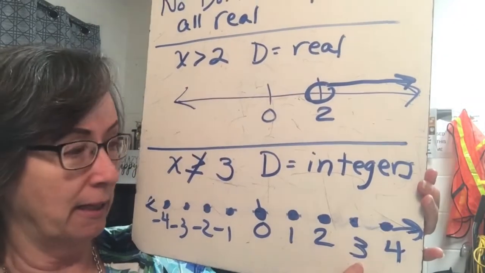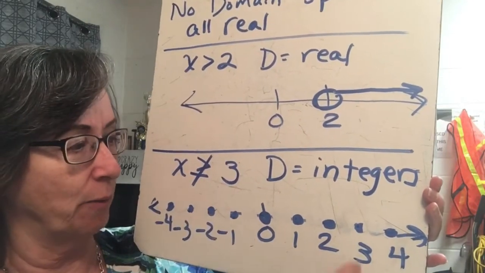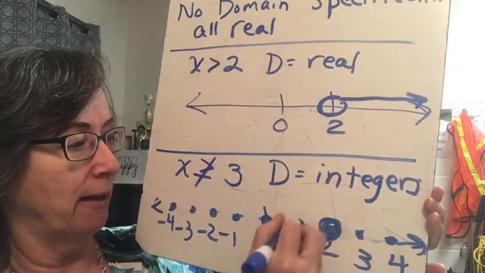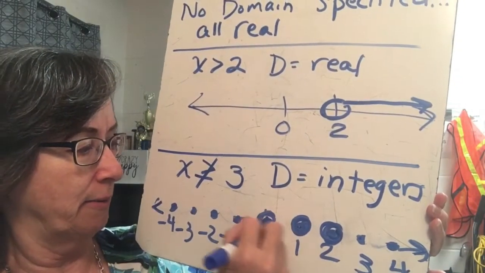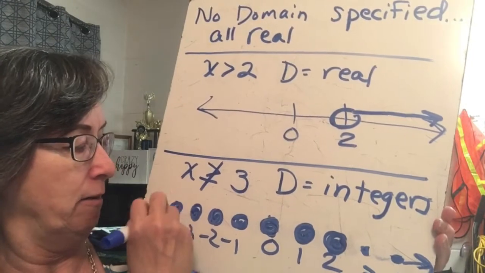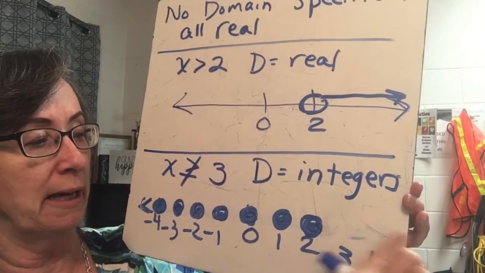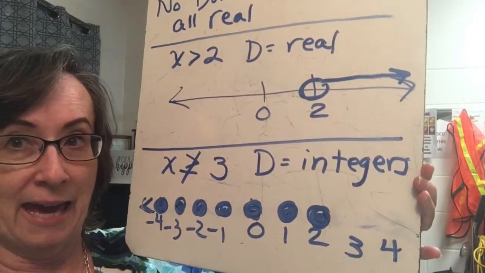Here's 3, and 3 is not included in less than 3. So we mark this one, this one, this one, this one, and continue in that direction, but these others would be marked off because they're not in that group.